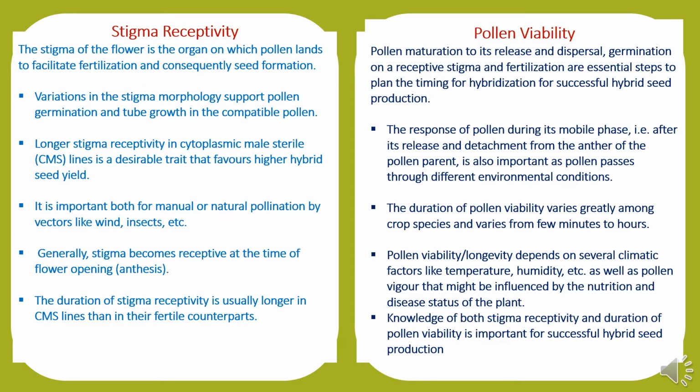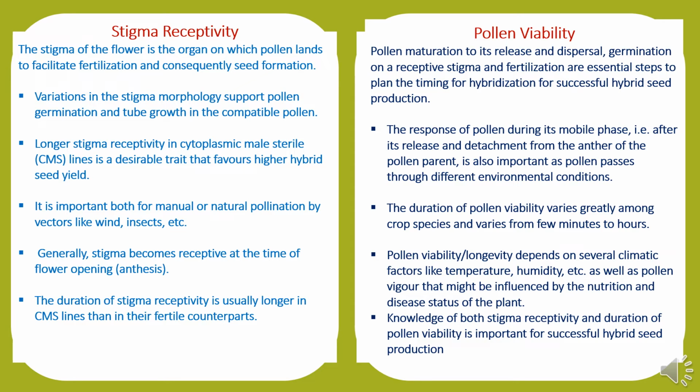The response of pollen during its mobile phase, after its release and detachment from the anther of the pollen parent, is also important as pollen passes through different environmental conditions. The duration of pollen viability varies greatly among crop species, from a few minutes to hours.